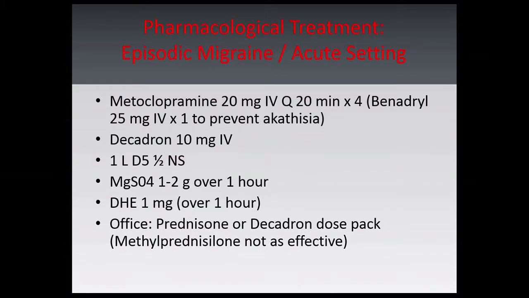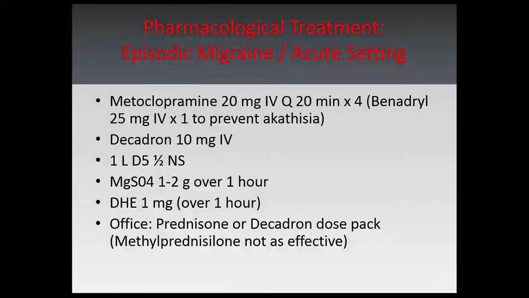You can give it IM, the most common form, or rectally, but it will raise your blood pressure. So this is strong stuff. I don't like to give this for patients with migraines, especially women of childbearing age. It is a category X drug. But for refractory migraines, this does become a backup option.